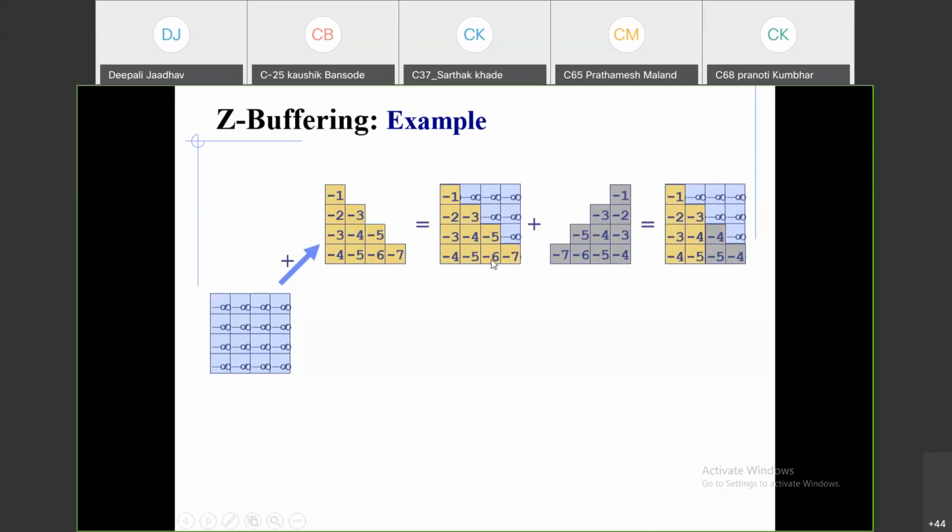So first this one compared with this one. Which is largest? Minus 6 or minus 5? Minus 5. So it is changed with minus 5. Then minus 7 is compared with minus 4. Which is largest? Minus 4. So this minus 7 is replaced with minus 4. Already the Z value is minus 7. See here. So this is our result.